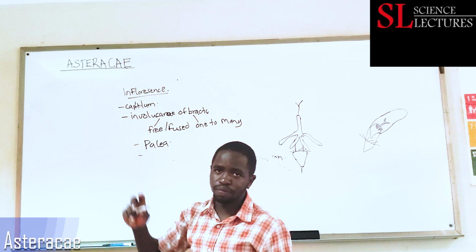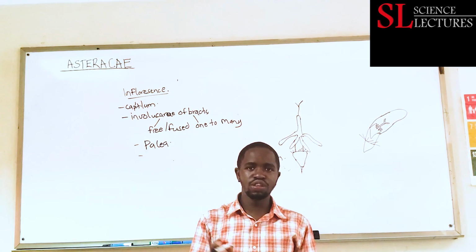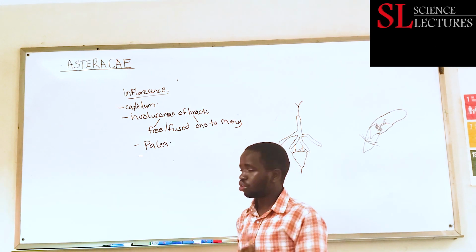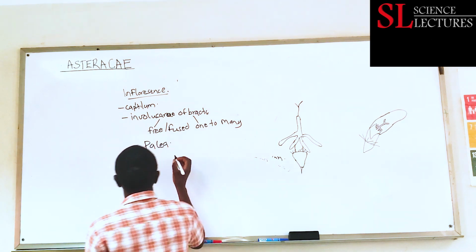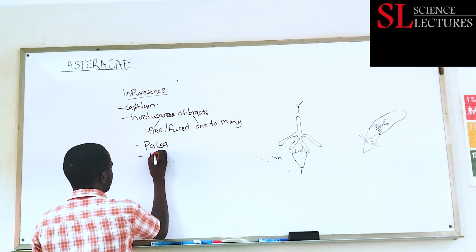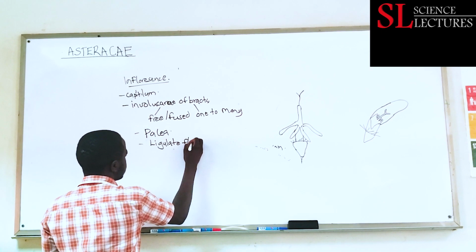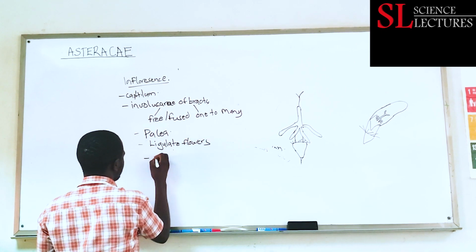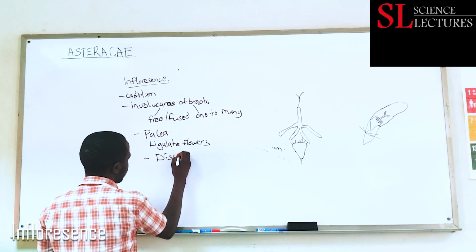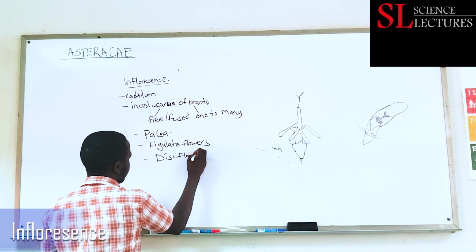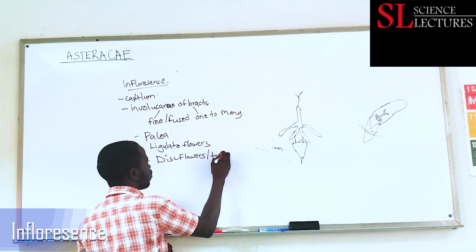Then this capitulum, I said, is a conglomeration of different types of flowers. So it is made up of different types of flowers. First, it is made up of what they call ligulate flowers, and it is also made up of what they call disc flowers, or tubular flowers.